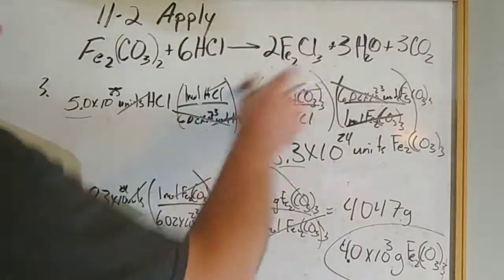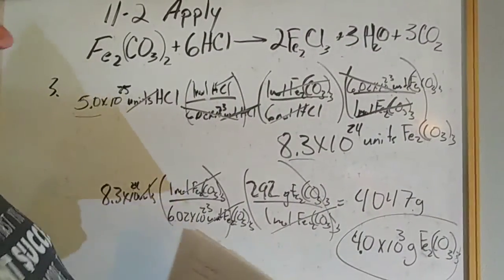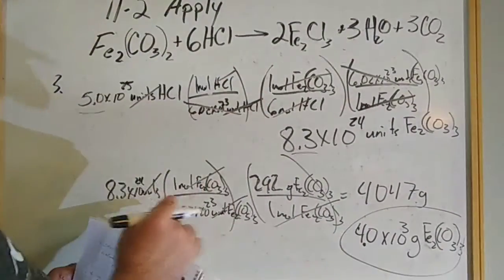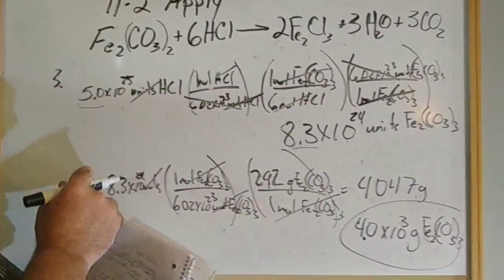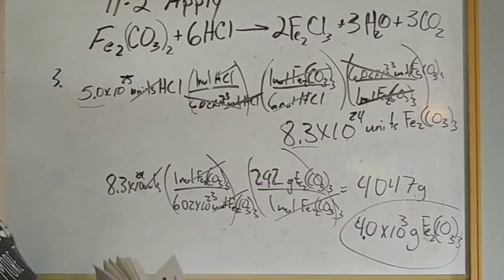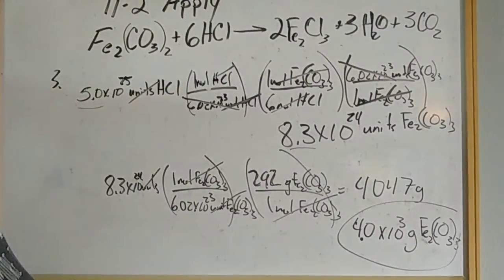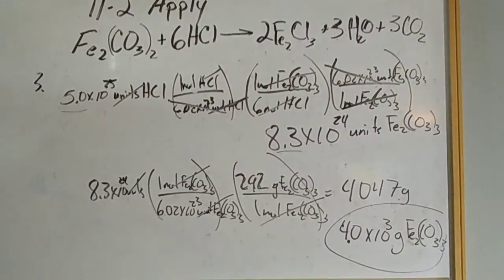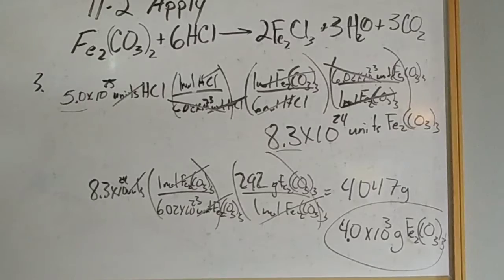Heck, you might only get 1 product. If it was a synthesis problem, we would go from 2 to 1. Or maybe we went from 3 to 2. Whatever happens, as long as it's balanced, you're still always going to follow that law. And if you didn't balance it, you can't do any of this math. None of this would work.